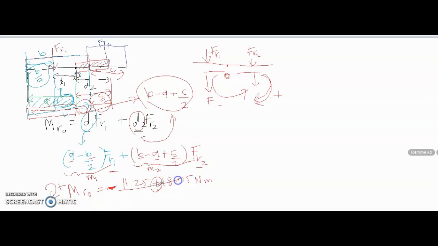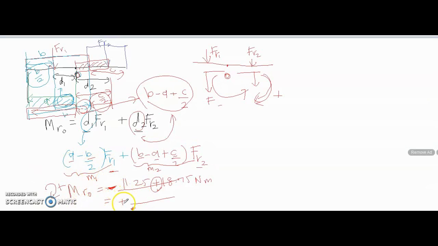If you set the positive rotation as anti-clockwise, you will get the answer is negative. That means the rotation is supposed to be the other way around.